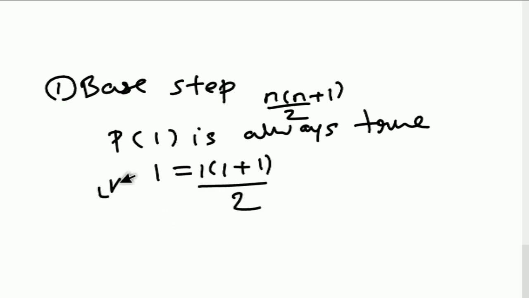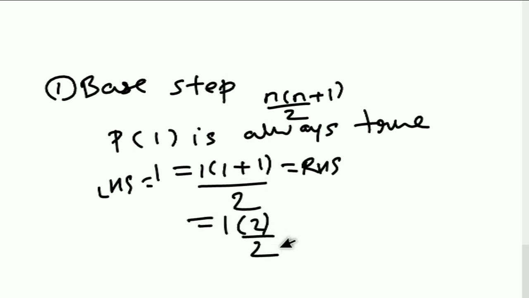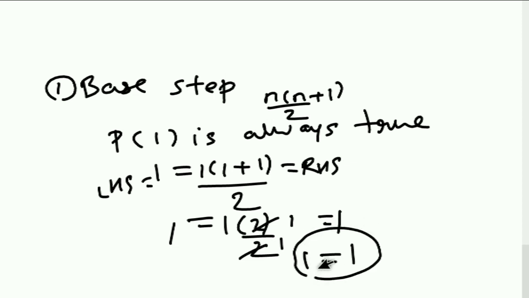This is our left hand side and this is our right hand side. 1 plus 1 is 2, and in the denominator we have 2, so this cancels, and on the right hand side we get 1, and on the left hand side there was 1 already. So 1 is equal to 1. So this is the base step, that P of 1 is always true.